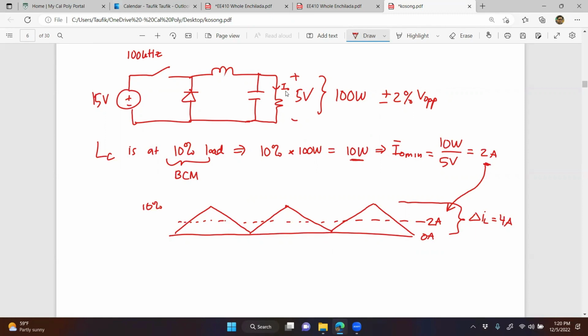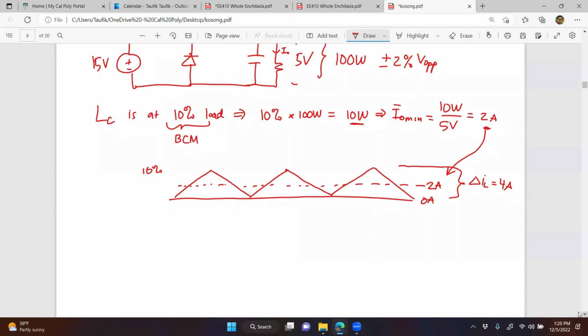Is that good? Now, when you have I out max and I out min, you can't subtract those and say that it's delta IL. Delta IL is always IL max minus IL min.